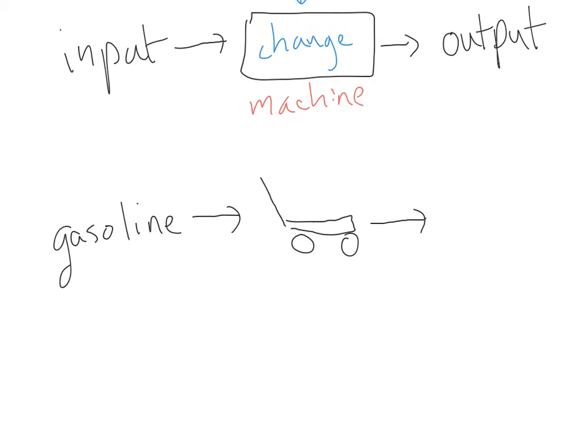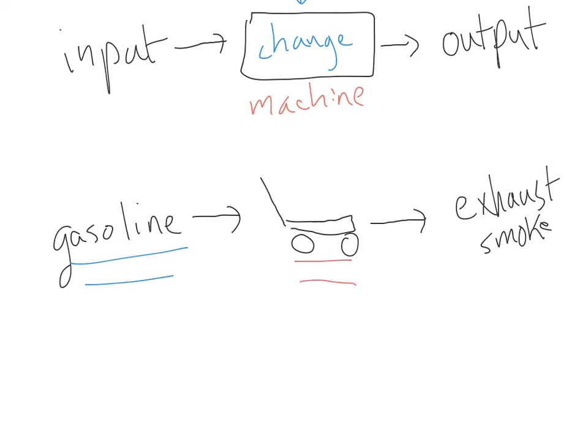It outputs it, or it throws it out as exhaust or smoke. So here you have an input, which is your gasoline, your rule, your function machine, which is your lawnmower, and then that changes that gasoline into exhaust or smoke.